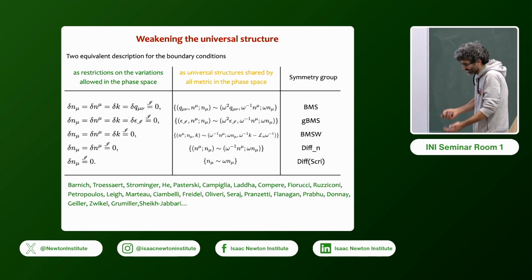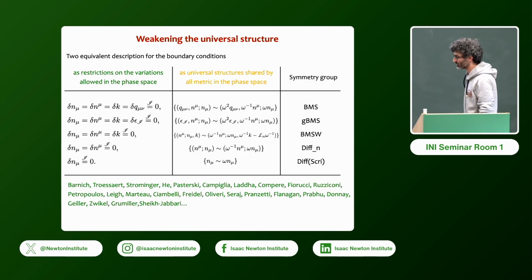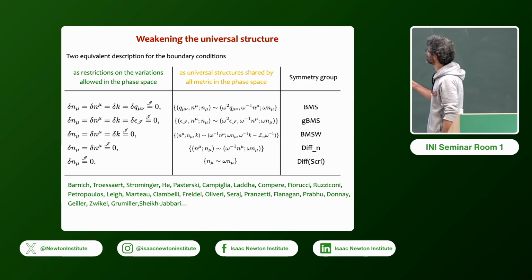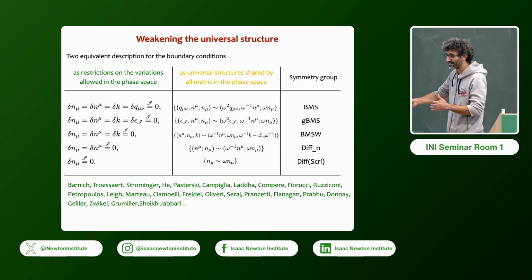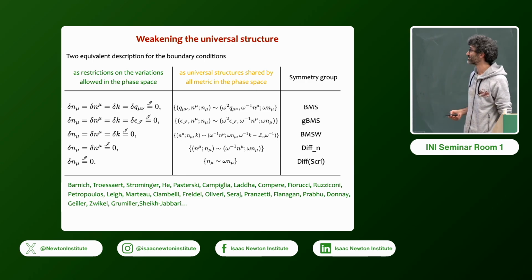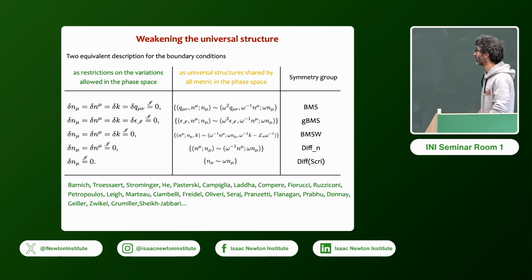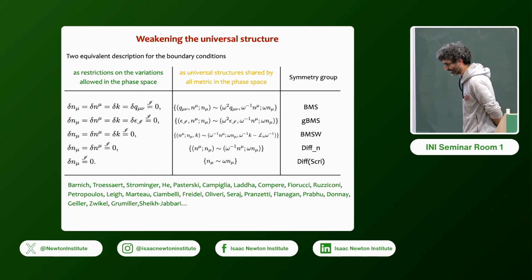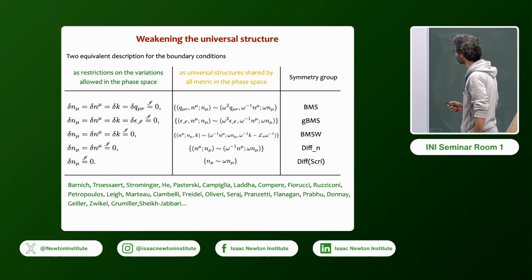And these weaker fall-off conditions that people have considered give rise to larger symmetry groups. Generalized BMS does not have conformal Killing vectors, but arbitrary diffeomorphisms of the sphere. And you have also larger groups, and people are interested in these things for various reasons I mentioned.